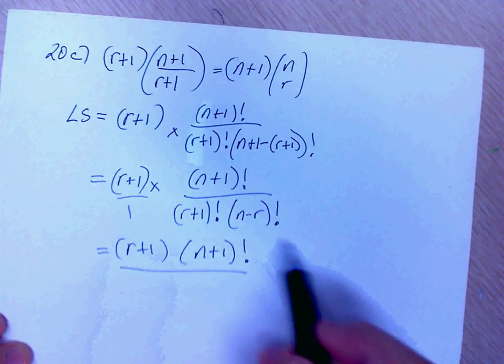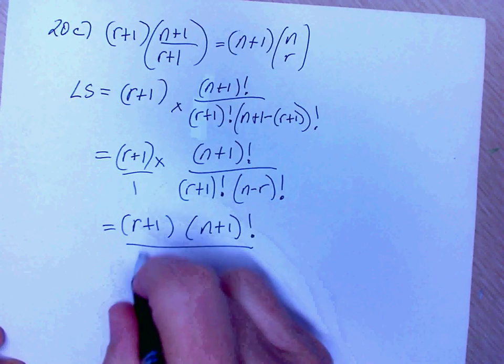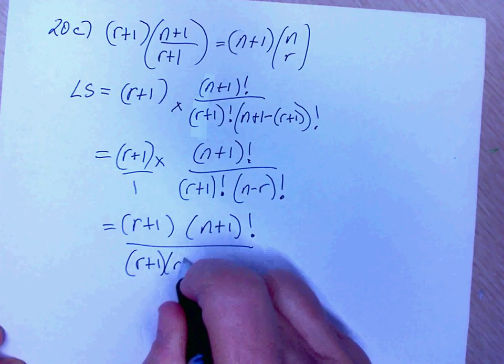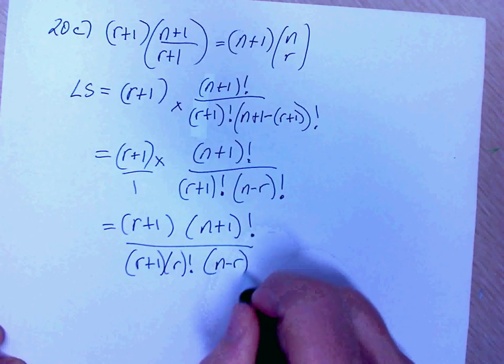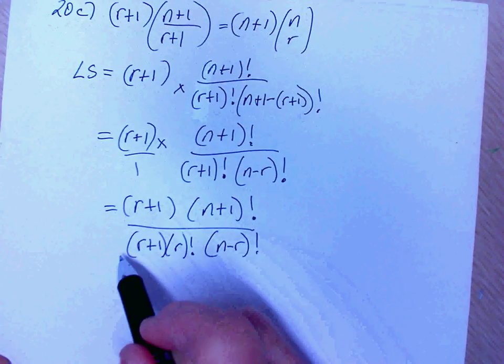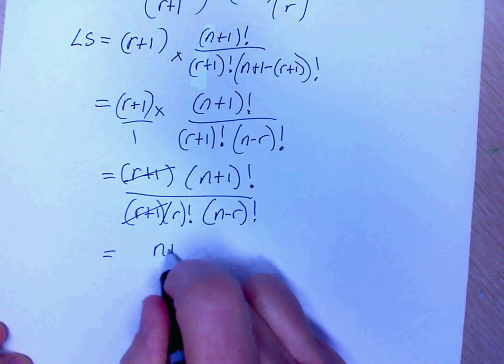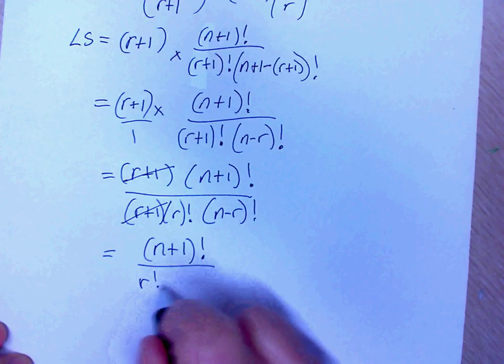I'm going to split this up to r plus 1 times r factorial times n minus r factorial. So this divides out, and we're left with n plus 1 factorial over r factorial times n minus r factorial.